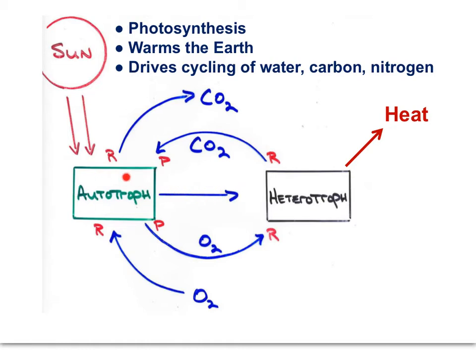Both autotrophs and heterotrophs respire, releasing carbon dioxide back to the environment as an inorganic molecule. And notice how energy enters the system, flows through the system, and then out of the system as heat. Second law of thermodynamics. Matter cycles within the system, but energy flows through the system.